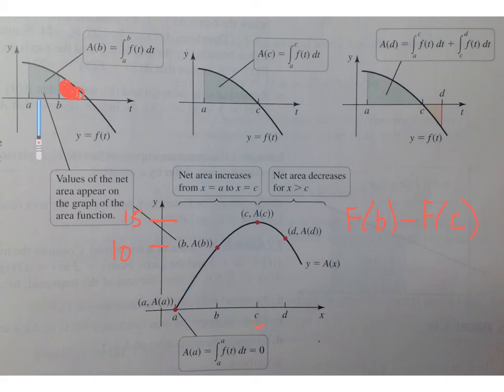And we also know that the area from A to B is 10. This goes back to what we were doing on the other slide: if A of x plus h would be 15, and our A of x was 10, we could just subtract those two.